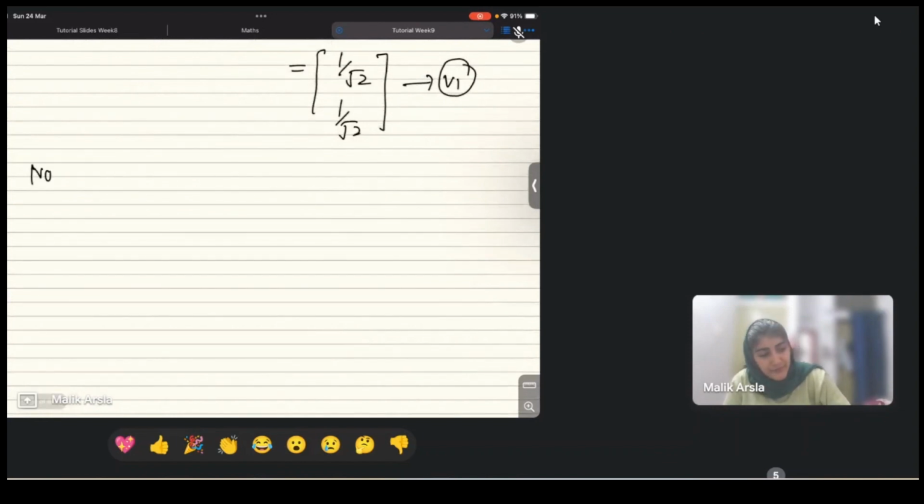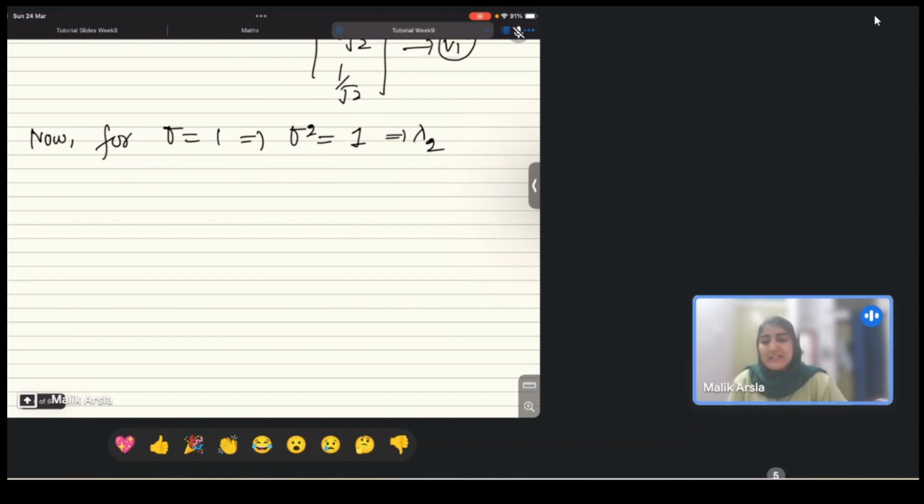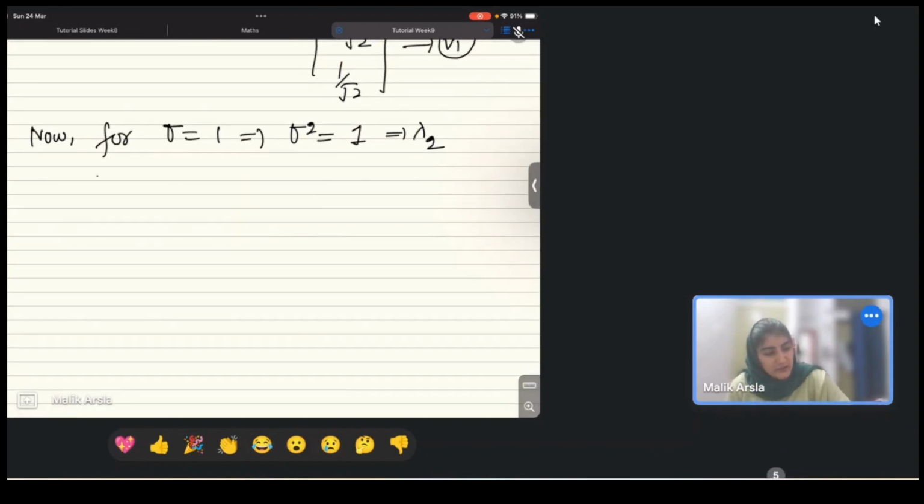Now for sigma 2 equal to 1, implying sigma 2 square is equal to 1, and that is our lambda 2, correct? For this we will calculate in the same procedure A transpose A into V2 is equal to sigma 2 square into V2.